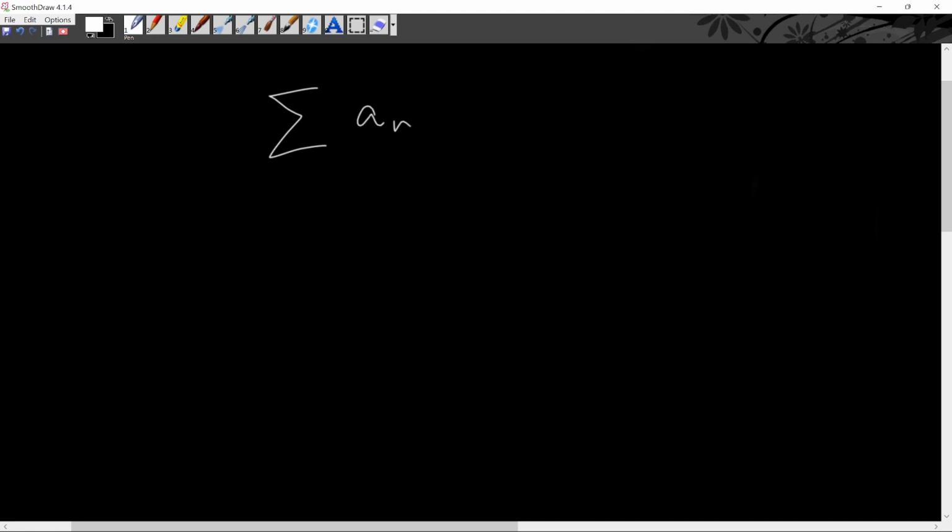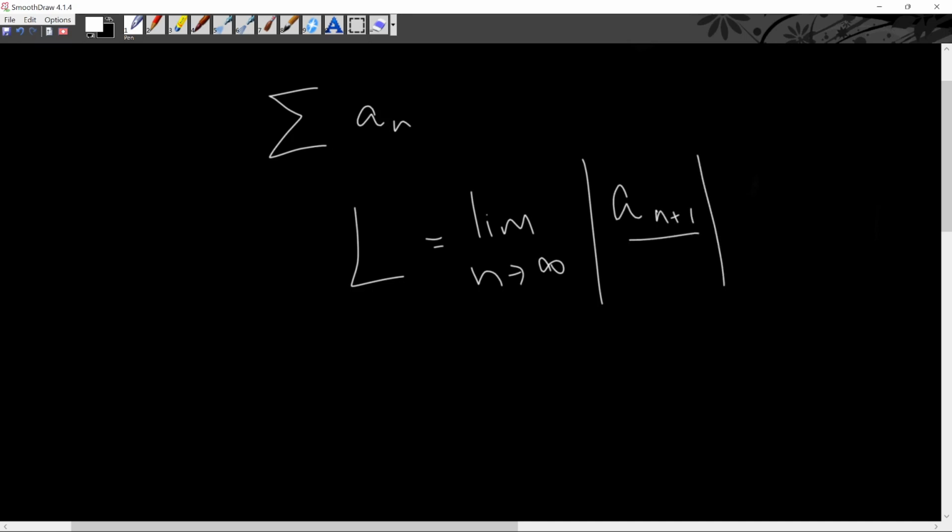If we set L, or a limit, to the limit as n approaches infinity of a sub n plus 1 over a sub n, then if the limit is less than 1, we have something that absolutely converges.